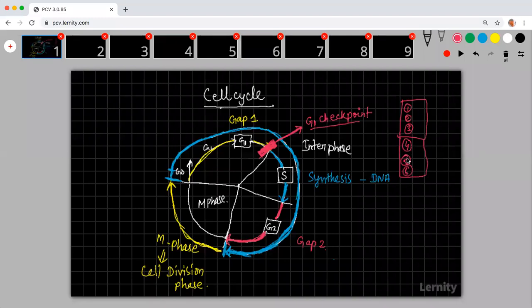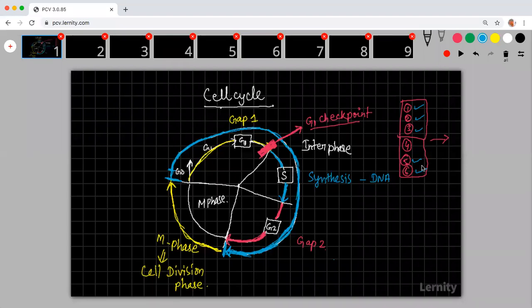There are 6 items which I have to tick so that I can move on to the next phase. Say for example, this is done, this is done, this is done, this is not done, this is done, this is done. Will it proceed? No, it will not proceed. It will wait for that 4 to be synthesized.